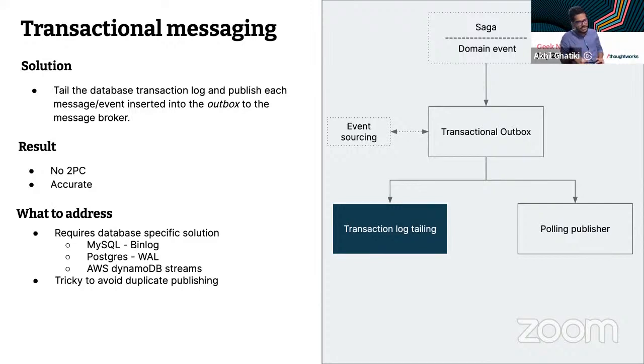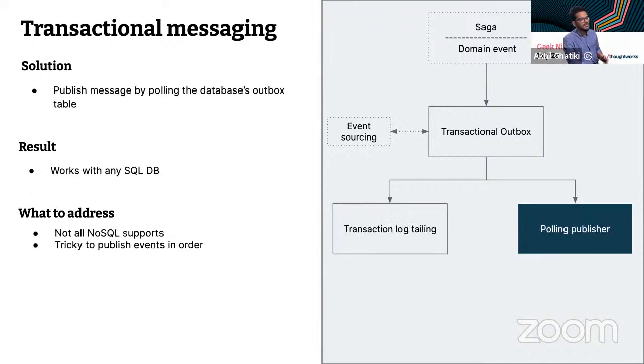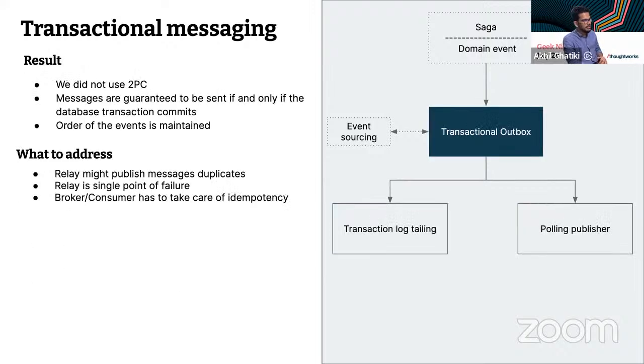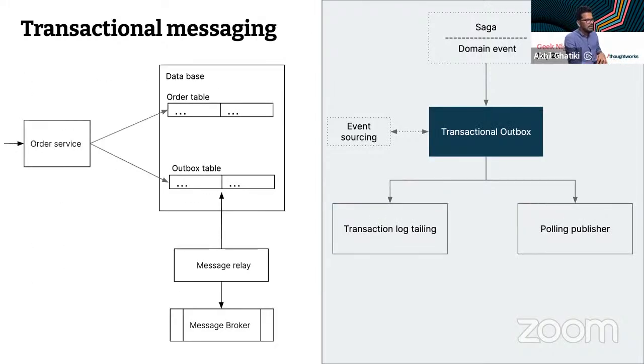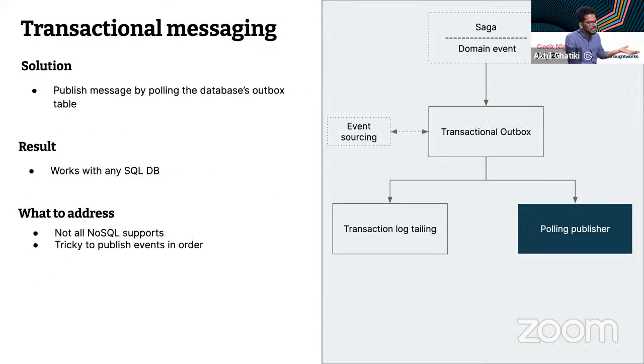It's not very easy to handle the duplicate publishing that happens. The safer bet is the polling publisher, where your message relay will poll the outbox table, take whatever it needs, and send events to the next downstream services. Again, not all SQL databases are supported by this, and it's again not very easy to handle the order here as well.